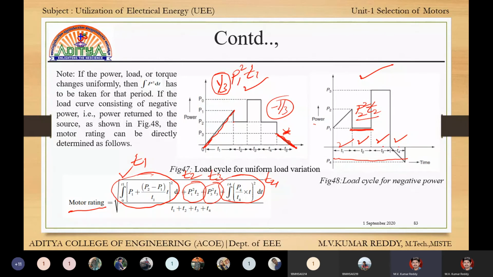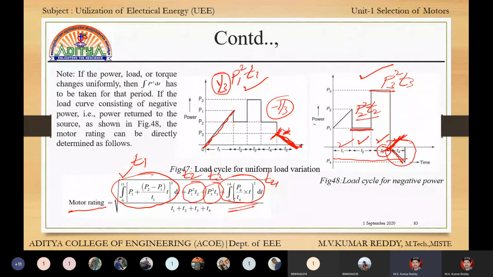For T3 also it is a normal graph, so the formula is P3 square T3. And the fourth one is an abnormal graph, that is a reduction. In this graph, reduction up to zero, and in this graph, reduction from zero.